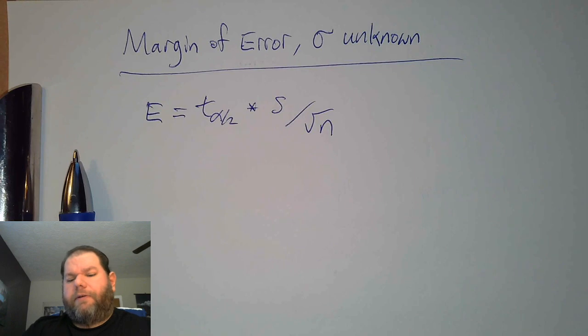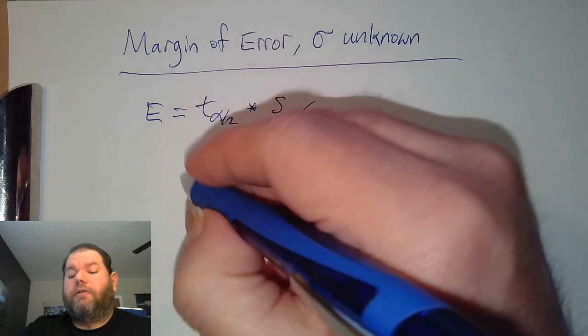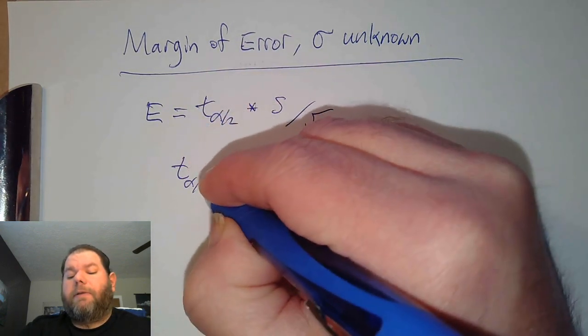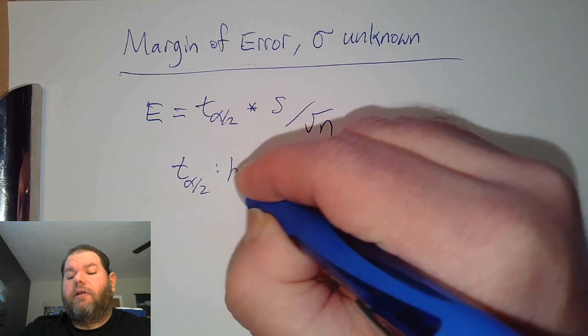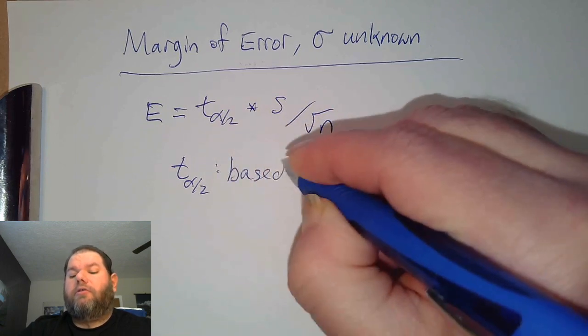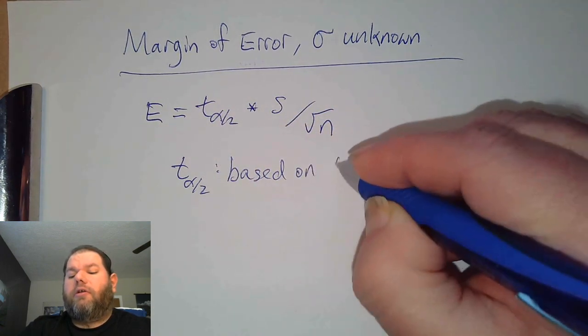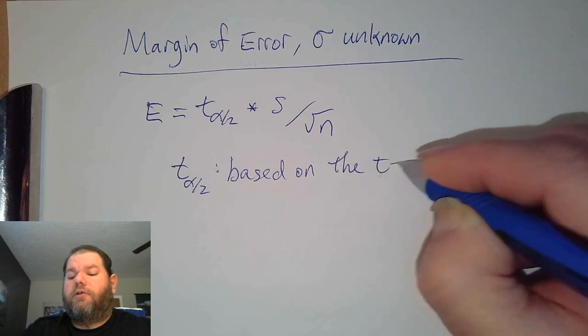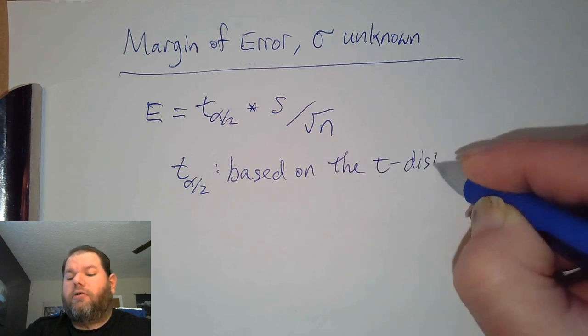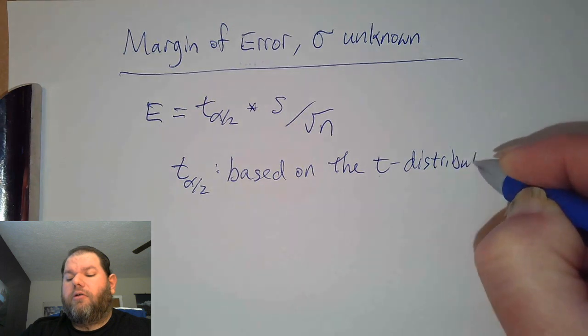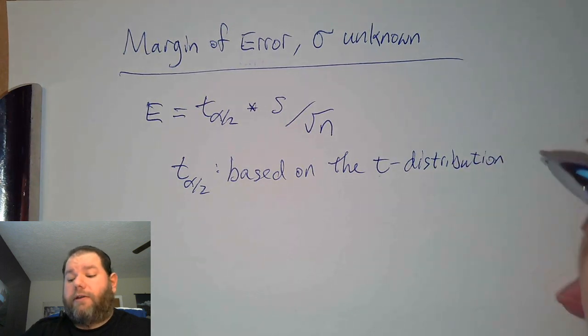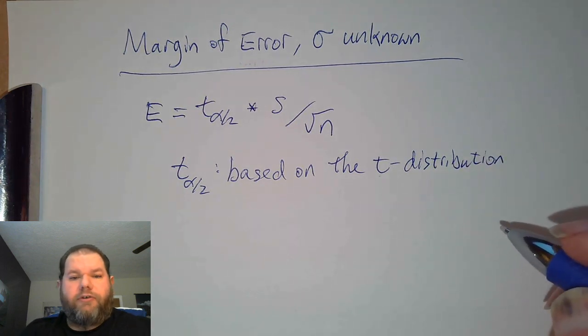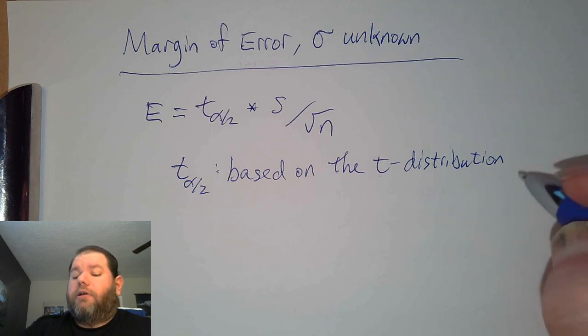This is a little bit different. This is based on the t distribution, which we have not looked at yet, but it's really just another table we have to look up things on.